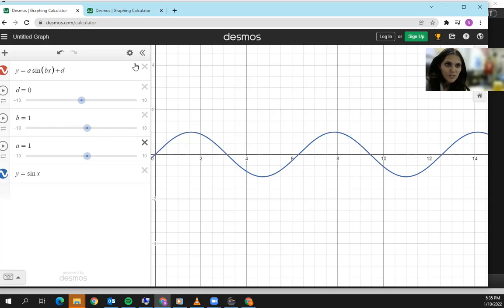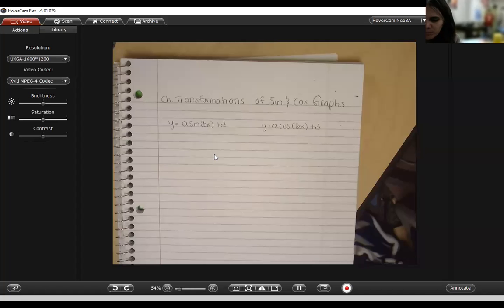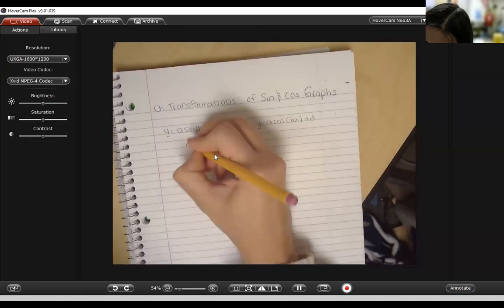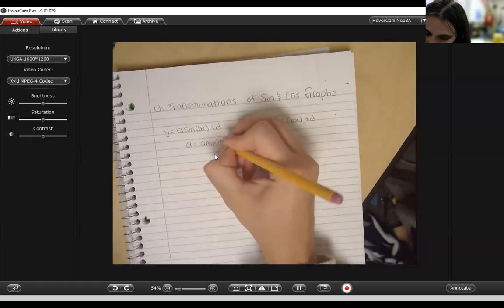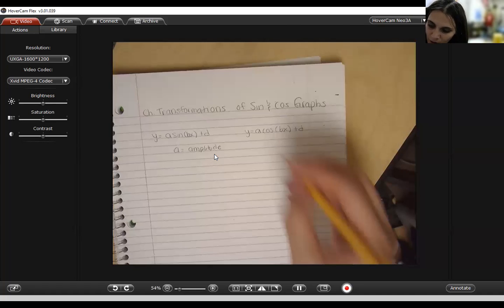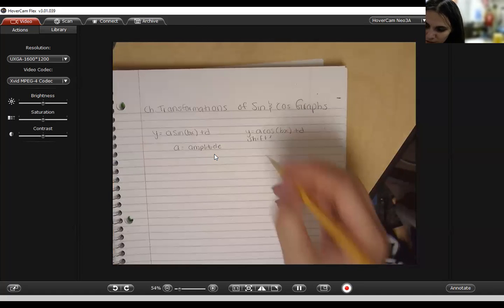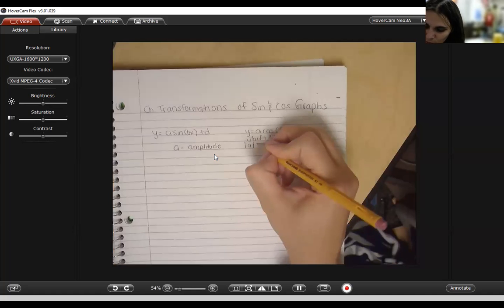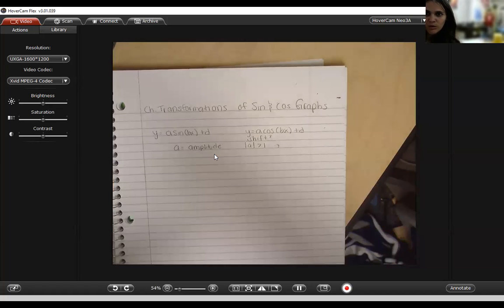All right, let's go back to our notes and write down what we learned here. A is going to equal the amplitude in our graph. And let's talk about how that shifts the graph. Well, we said if the absolute value of A was greater than 1, we're going to have a vertical stretch.